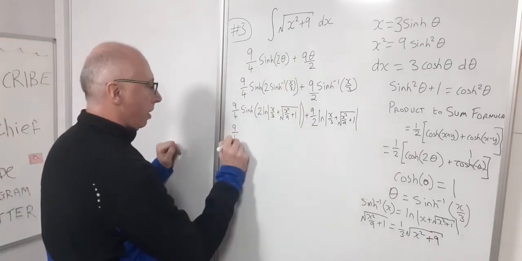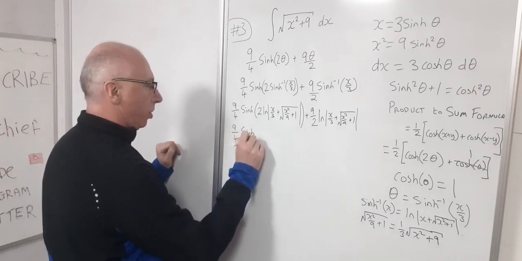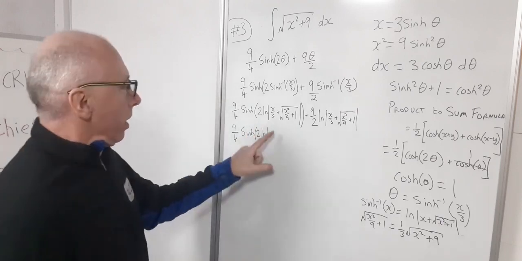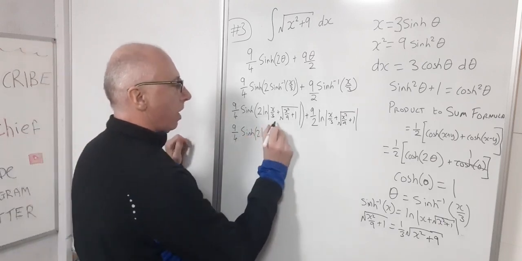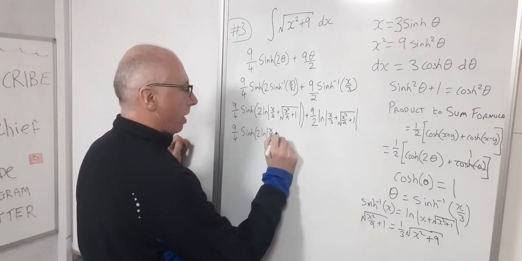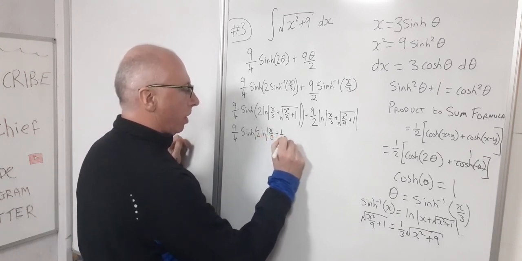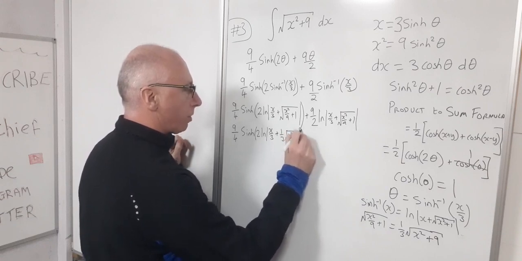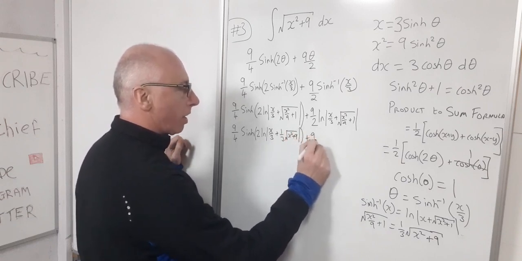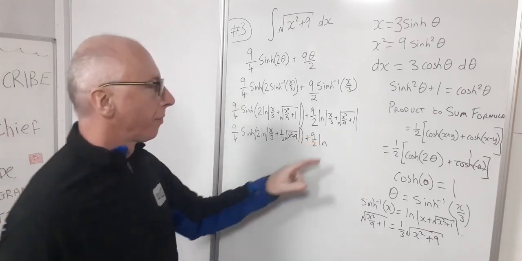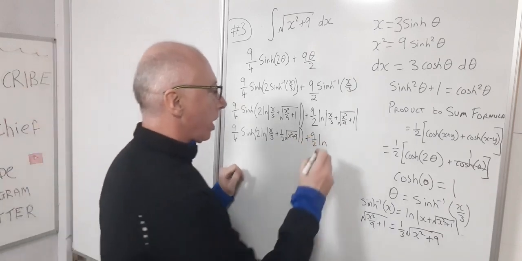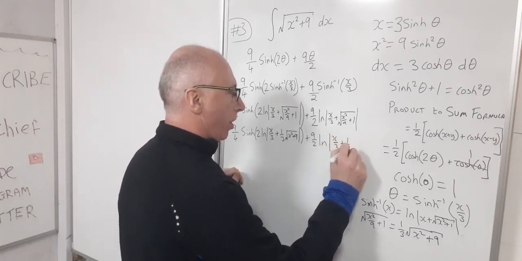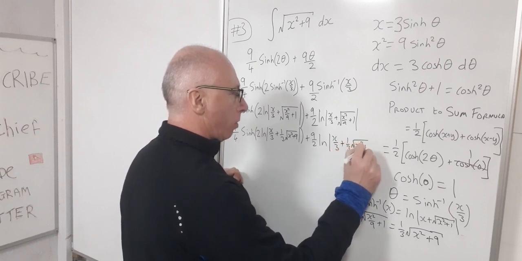So now I've got 9 over 4 sinh of 2 times the natural log. X over 3 can stay, and that will go there like that, and then plus 1/3 square root of x squared plus 9, that's all absolute value, and then plus 9 over 2 natural log. Again, same input for here. So now I've got x over 3 plus 1/3 square root x squared plus 9.